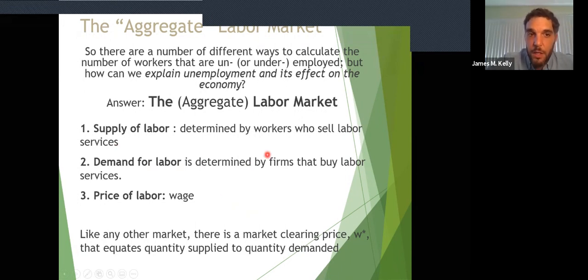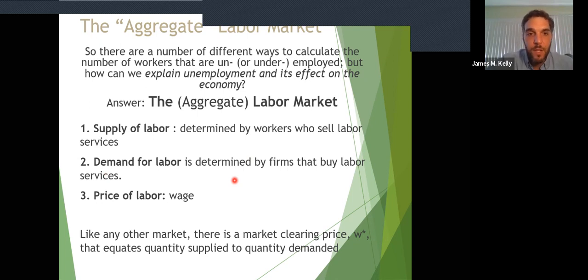Specifically, though, supply of labor is determined by people that make their labor available, by workers, by households that have time and then technically sell their labor to firms, who are the demanders of labor. Firms demand labor because they buy the labor services from households.